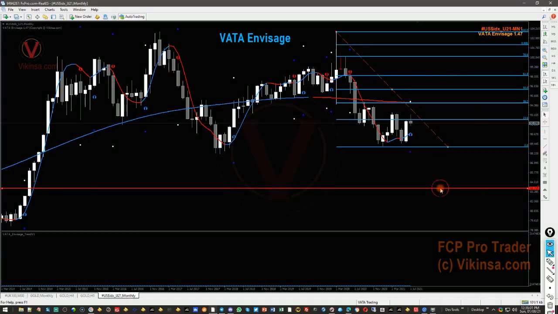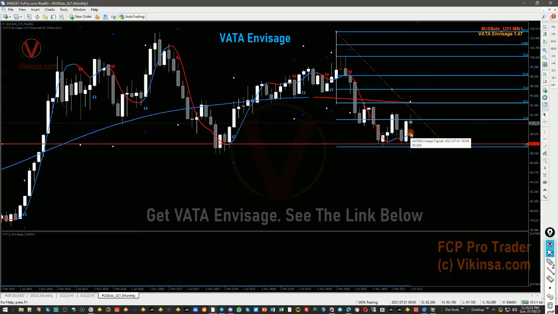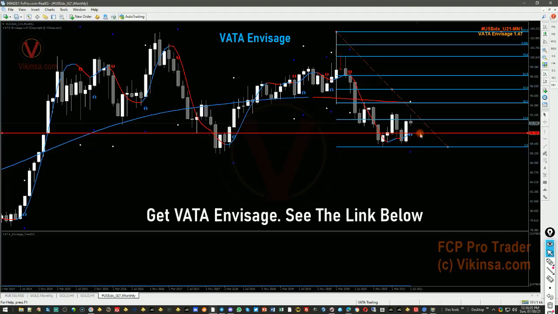If I put a horizontal line at the water wave, on the touch of the water wave, near about 90.6 or 90.7, you will notice that that level is also a structure level previously. So it is possible that in the month of August it can come back down, test that water wave, and then start to go back up. So 90.6 or 90.7 is an important level for us to watch out for.